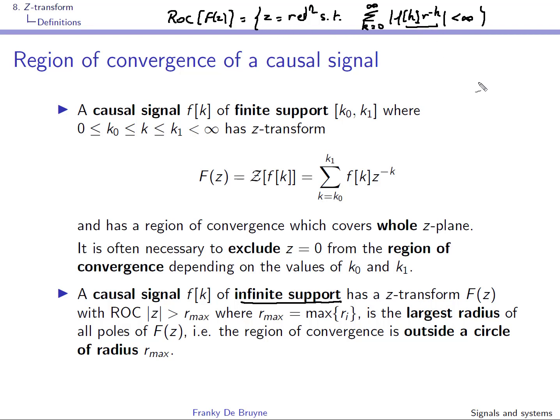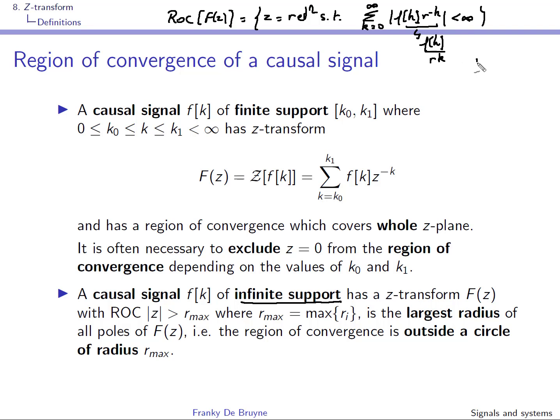So it's all z such that this sequence is absolutely summable. And this you can rewrite as f of k divided by r to the k, right? You can see that if you choose r large enough at some stage, this sum will be convergent.